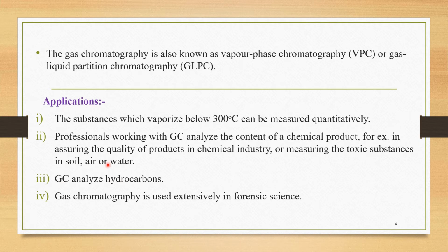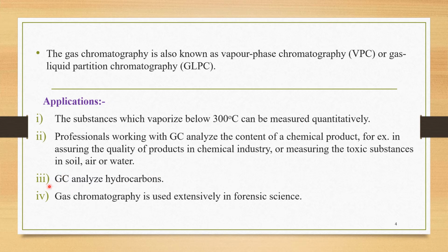So on an industrial scale, it is very useful for analysis of the content of chemical products, and for the measurement of toxic substances present in soil, air or water. So it is useful for predicting the level of pollution in soil, air or water.